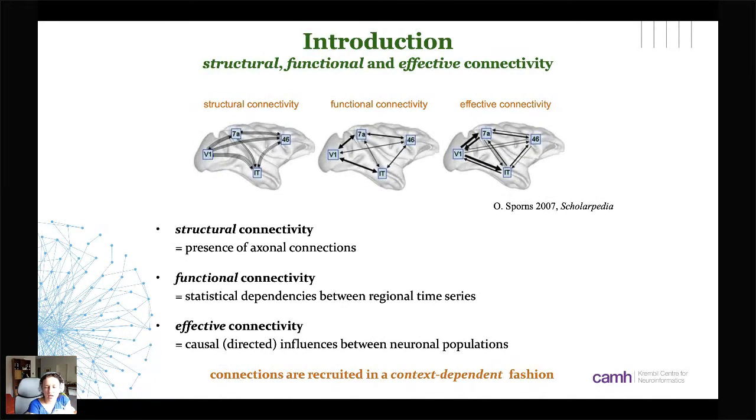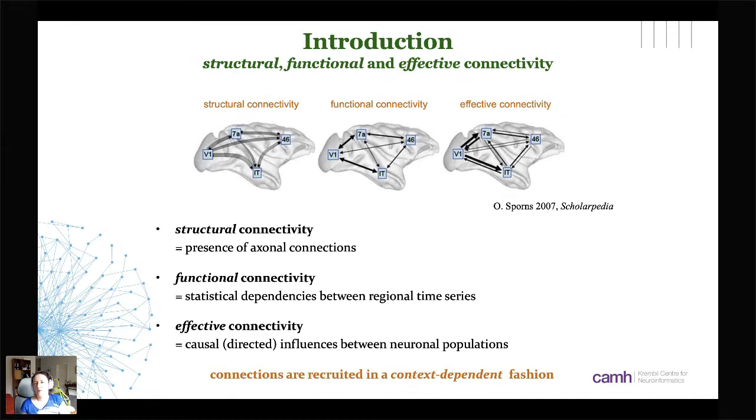So when we think about connectivity, we're talking about 3 different flavors. So we have structural connectivity, the presence or absence of axonal connections. We talk about functional connectivity, which you've heard about on Friday, that has to do with statistical dependencies between regional time series. And then today we're going to spend a little bit more time discussing effective connectivity that deals with causal or directed influences between neuronal populations.